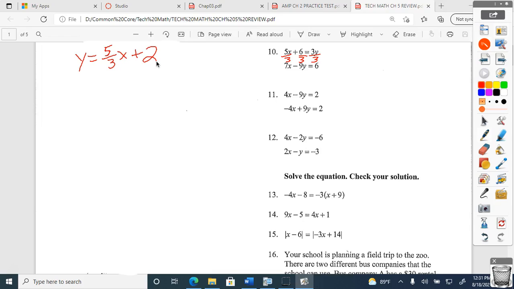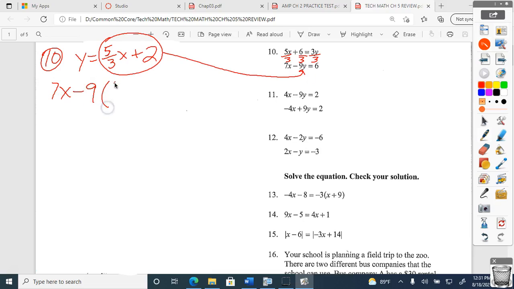Now that we know y, we'll take y, and again, this is number 10, and plug it in for that y. All right, so 7x minus 9 times 5/3 x plus 2 equals 6.